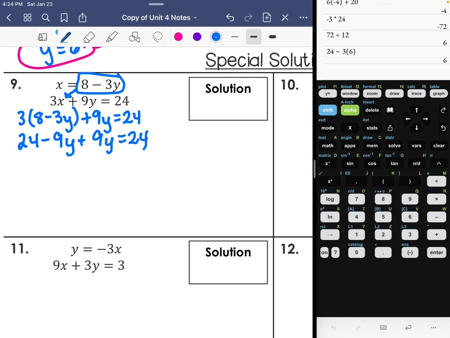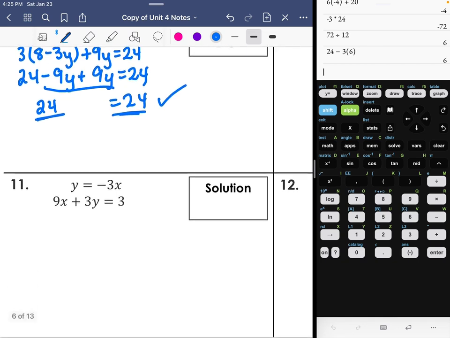And then when I combine these like terms, negative 9 plus 9, that's 0. Well, 0y means there's no y for this problem. So this is telling me 24 equals 24. Does 24 equal 24? Yes, it does. So if you get the same number, it's an infinite solution. So that's good. That's what we want.